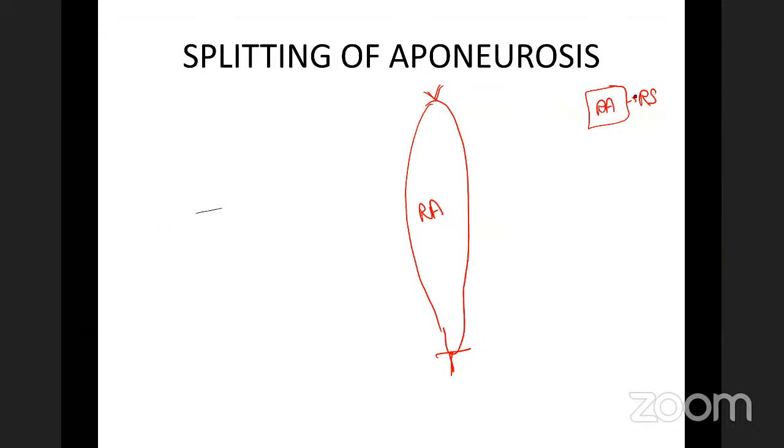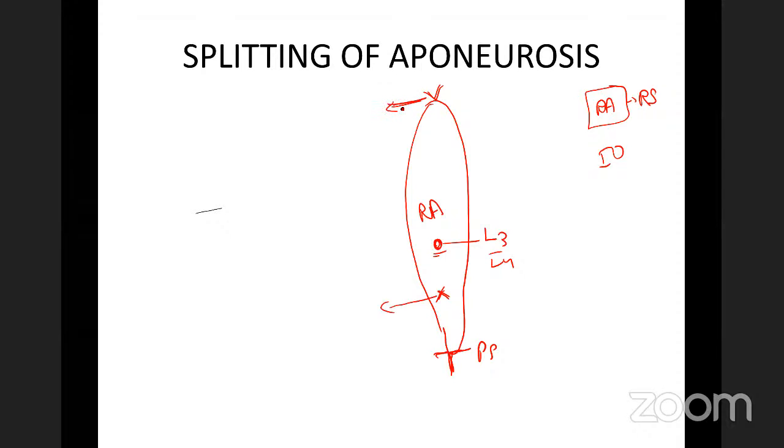Now, we have to see how the aponeurosis of internal oblique muscle will split to hug this muscle, rectus abdominis. Imagine this is the umbilicus, which is at the level of L3 to L4. Mark a point midway between the umbilicus and the pubic symphysis.